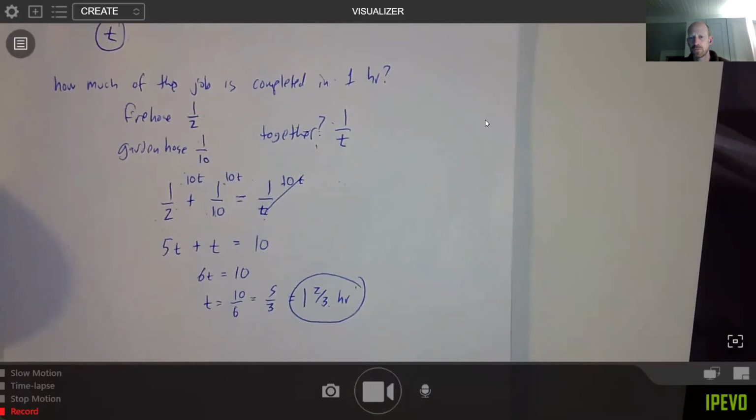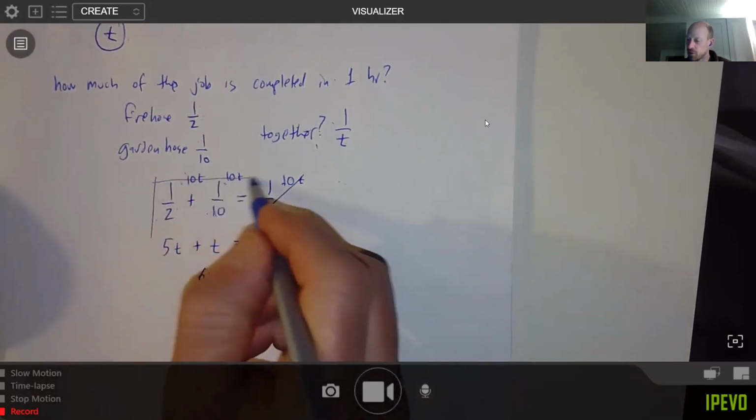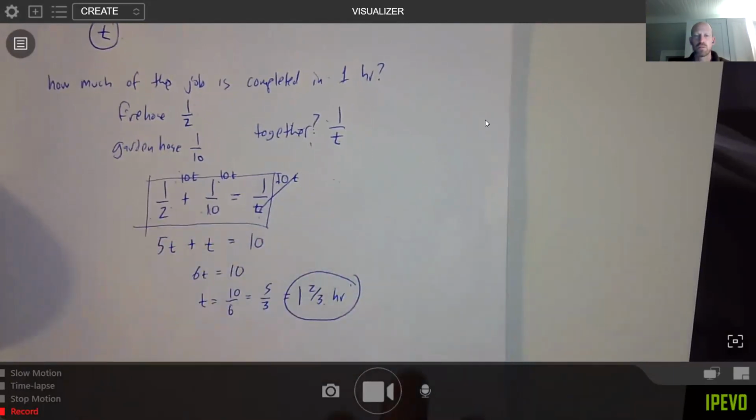Questions? The good thing about these problems, again, is that this equation is going to be the same kind of model for all of these work problems.